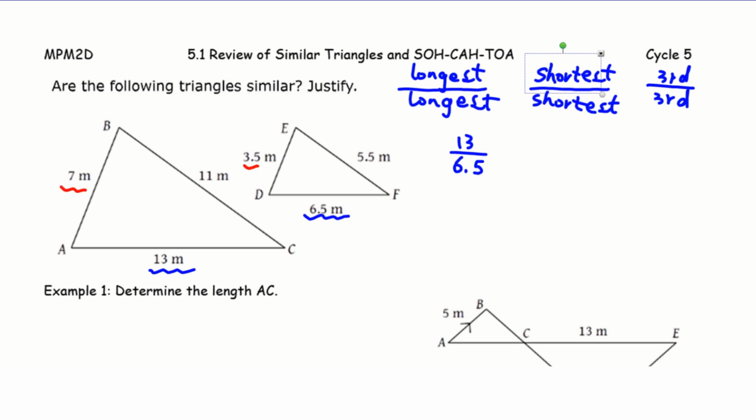This one is 3.5, so 7 over 3.5, and the third side is whatever is left, 11 over 5.5. Make sure that the numerator is from the same triangle, triangle ABC, and the denominator is from the other triangle, triangle DEF. You could flip them, it doesn't matter.